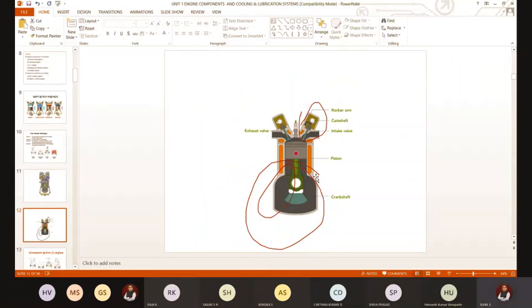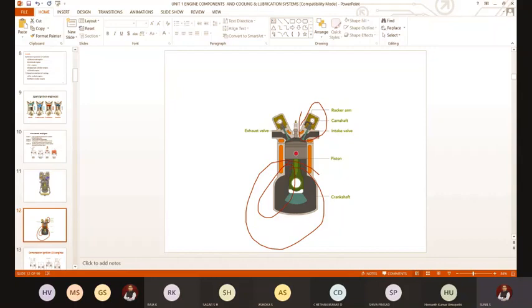Okay, in this sketch, this is the cylinder, one of the common components. This is the crankshaft. This is the piston, inlet and outlet valves. You can see the spring loaded valves here, and these two are the valve actuating mechanisms.